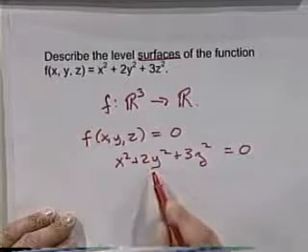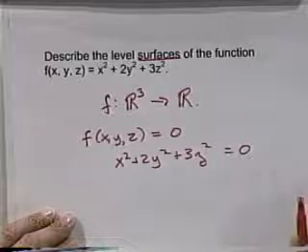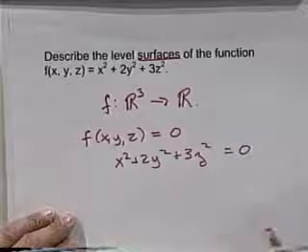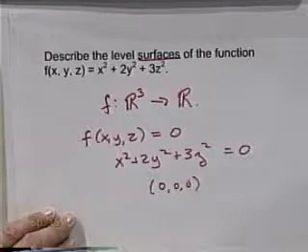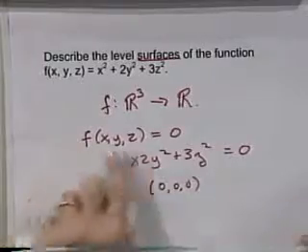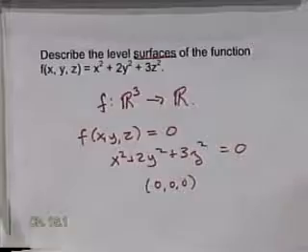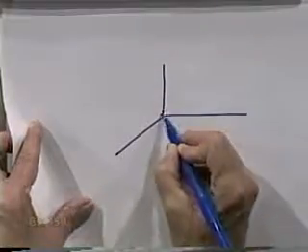Last time I looked, x squared's positive, y squared's positive, z squared's positive. Is there any point that's going to work? 0. The origin works. So the level curve for this equation is just the origin, because if you take 0 squared plus 0 squared plus 0 squared, you definitely will get 0. So my first level curve is just a point.